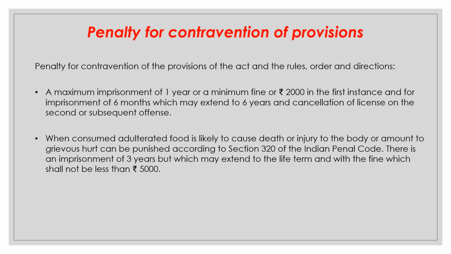So to look at a penalty for contravention of provisions. So penalty for contravention of any provisions of the Act and the rules, order and directions. A maximum imprisonment of 1 year will be given, or a minimum fine of rupees 2000 in the first instance, an imprisonment of 6 months which may extend to 6 years, and cancellation of license for the second or subsequent offense.